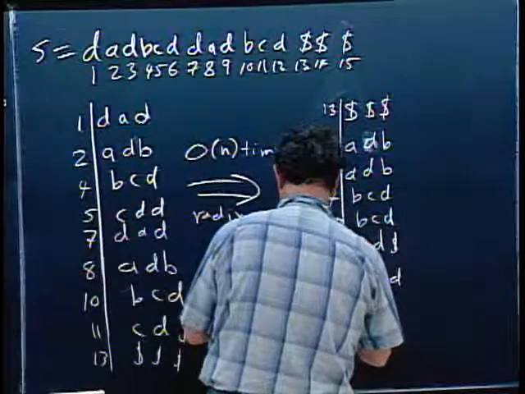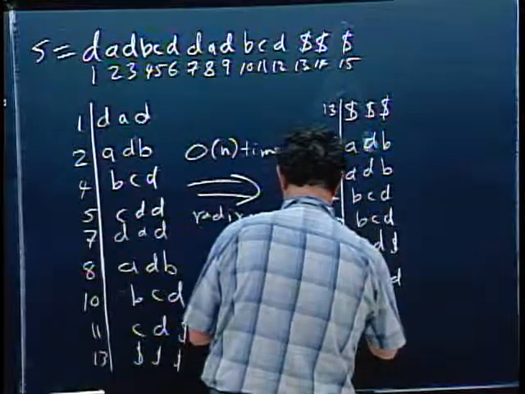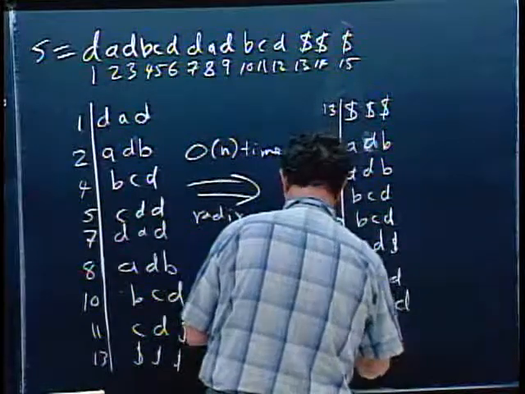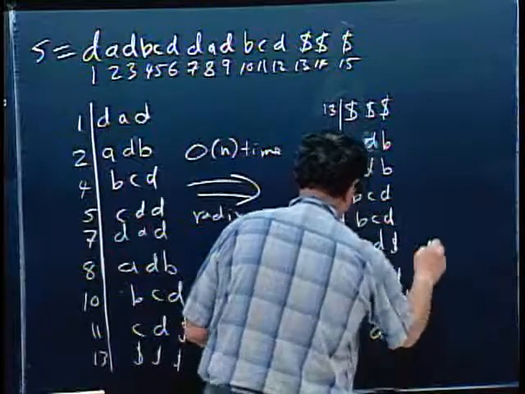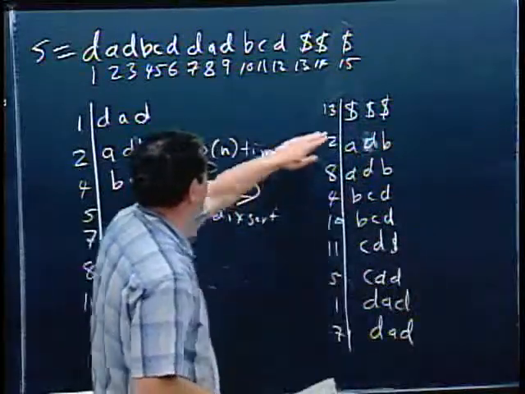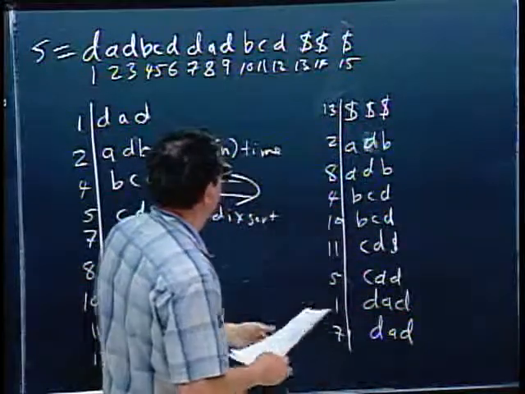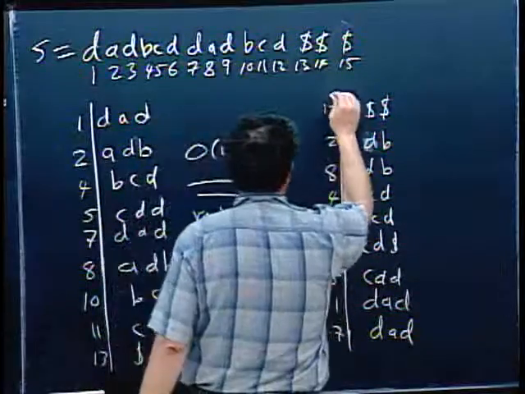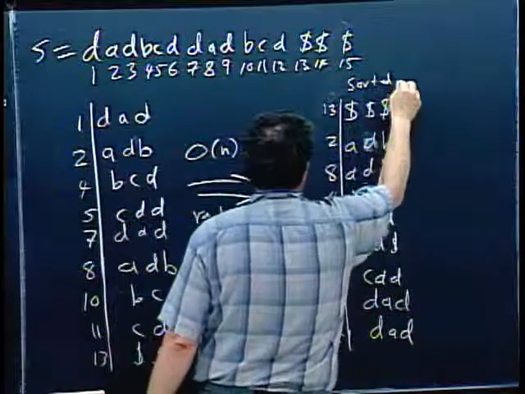CDD at position 5. Position 1 had DAD, and position 7 had also DAD. Okay, so these are the triples starting at the positions 1 and 2 mod 3, in lexicographic order. This is the original position, but these are the sorted triples.